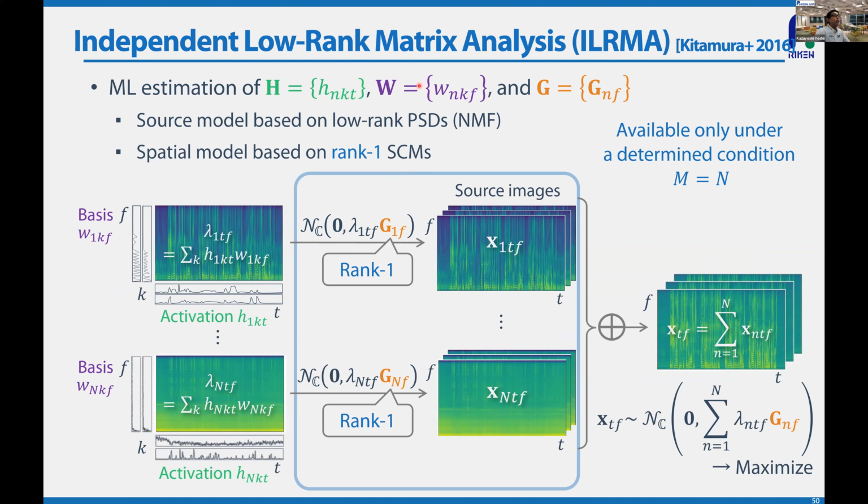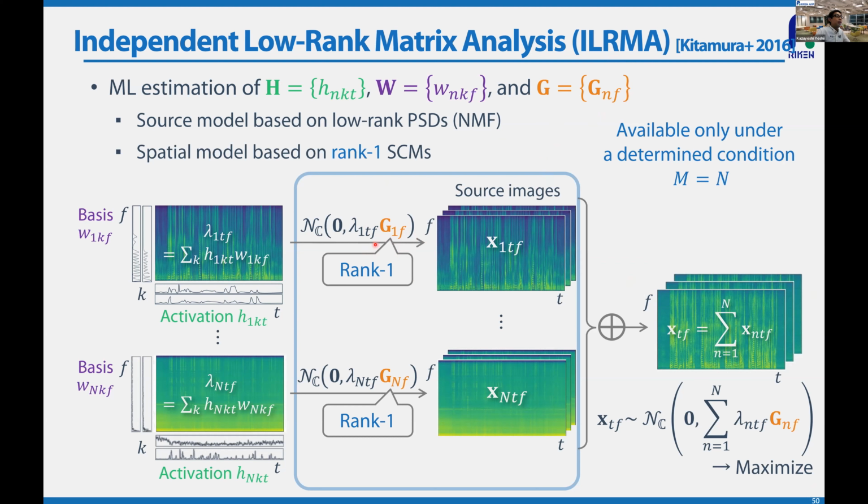In this model, the same source model is used, so that the power spectral density of each sound source is formulated according to NMF. It is exactly the same as multi-channel NMF. However, in this model, the spatial covariance matrix is assumed to be a rank 1 matrix. This means that ILRMA is a special case of multi-channel NMF.